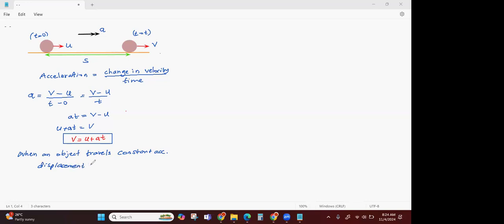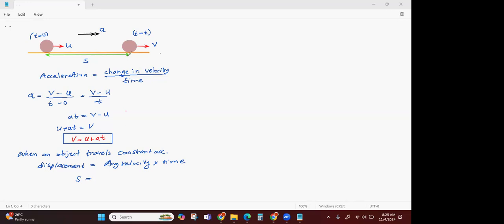displacement is equal to average velocity into time. So displacement, we take the letter S, right? S for displacement.